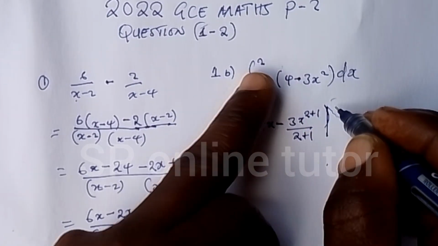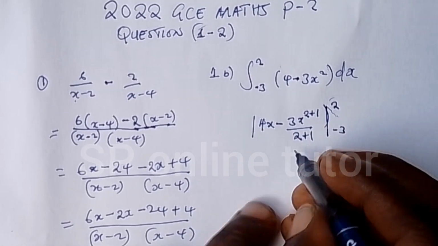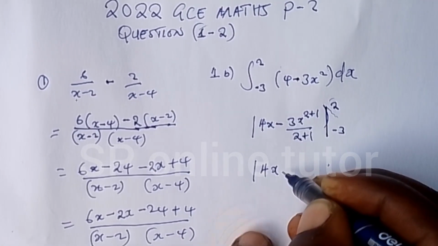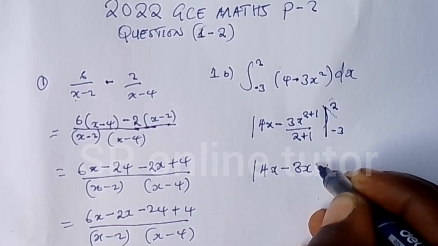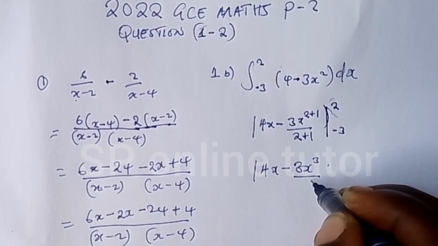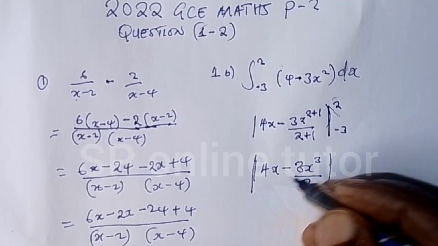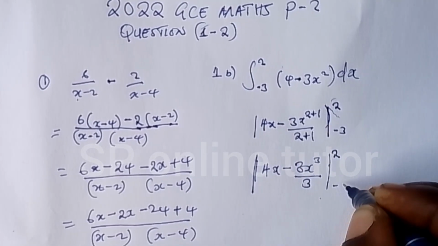Then here we have this limit, which is 2 and minus 3, okay? In which we are going to have 4x minus 3x cubed over 3, okay? Then upper limit 2, lower limit minus 3.